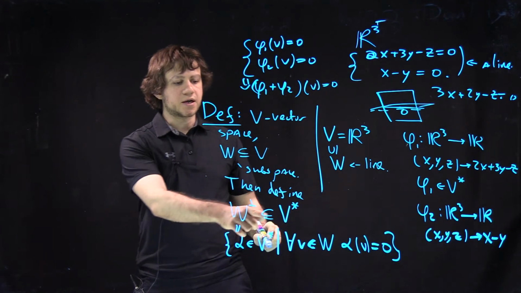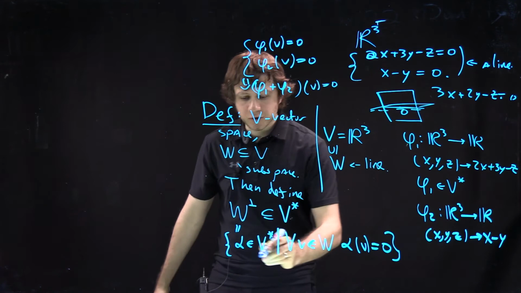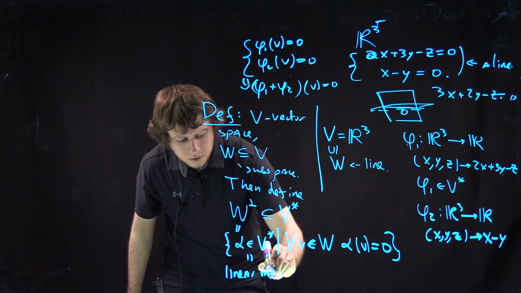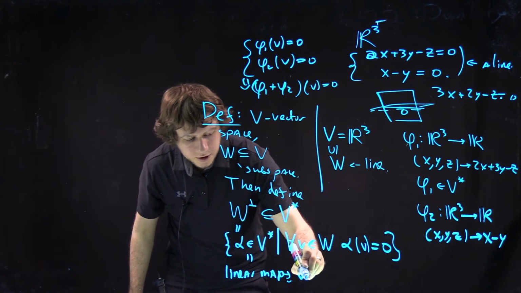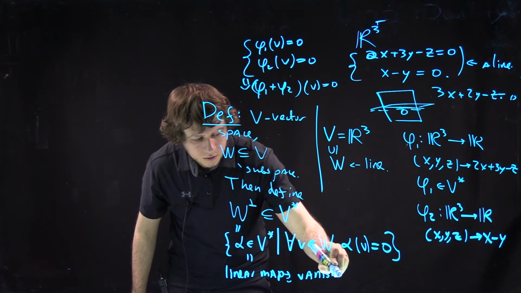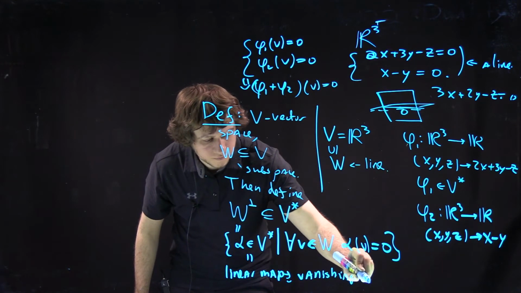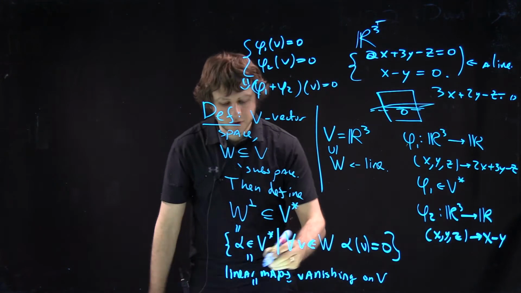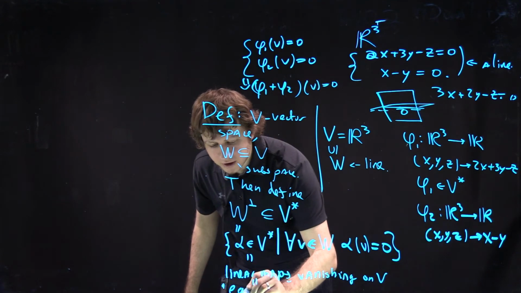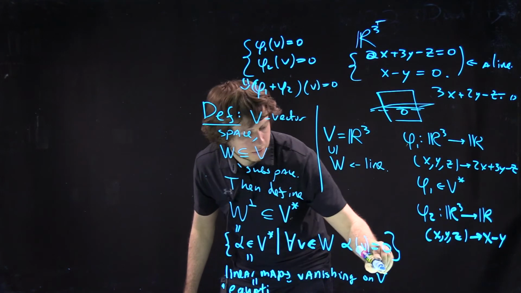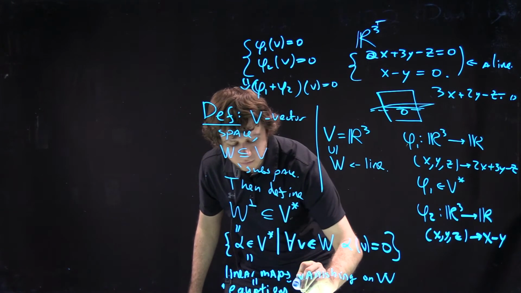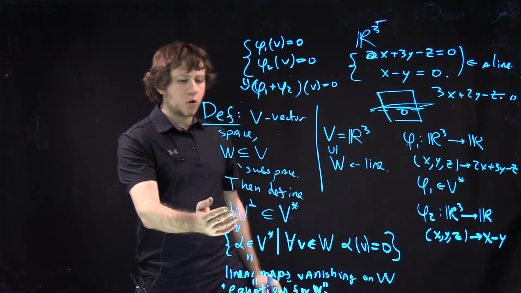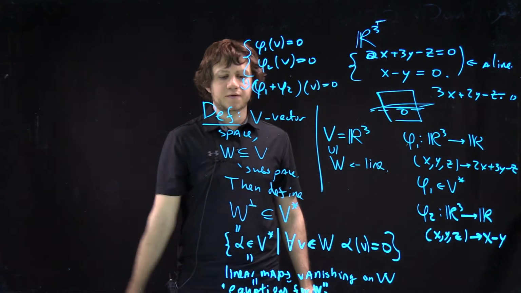So basically, if V star are linear maps, this is literally linear maps vanishing on W, or you can think of it as each of them gives you an equation, so you can think of it a little bit unofficially as equations vanishing on W, equations for W. So this is a notion of this dual space inside V star.